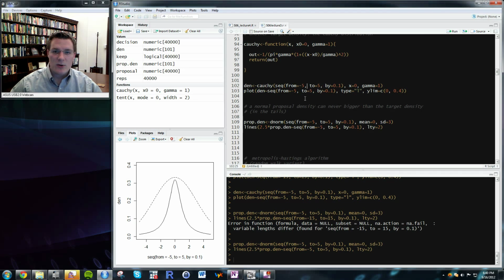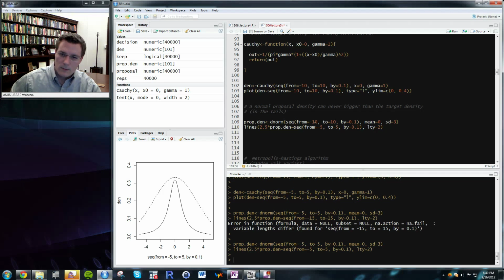And as soon as we start zooming out again, so I'm going to zoom back out to -10 to 10.